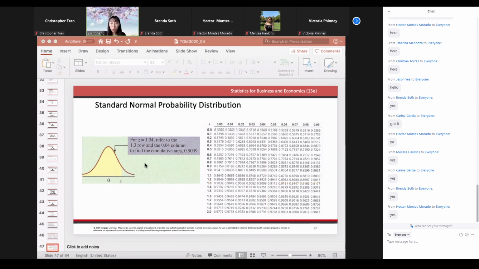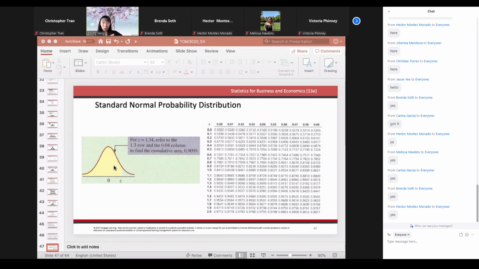What's a cumulative probability? Look at the chart here. The yellow area is this 0.9099, meaning 0.9099 probability, or over 90% of the time, the data points in this data set are less than what you got.